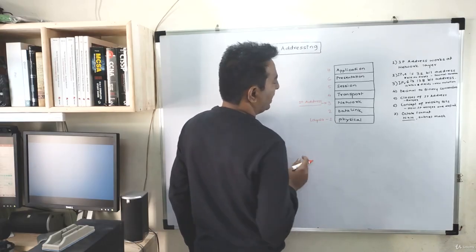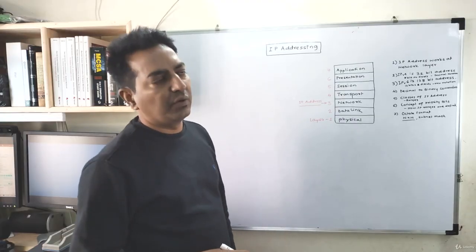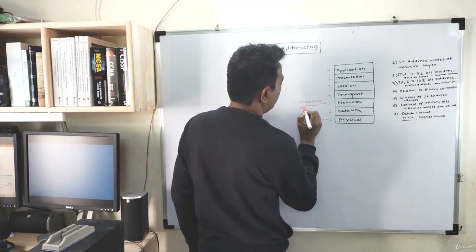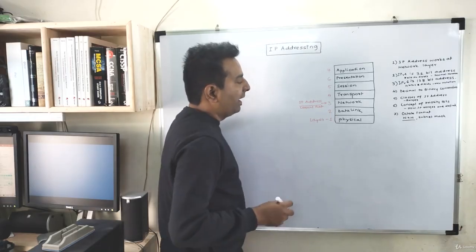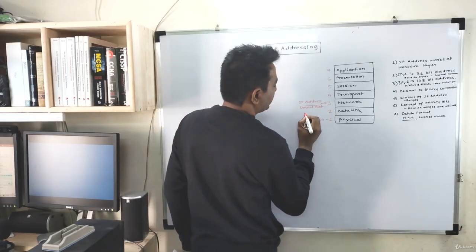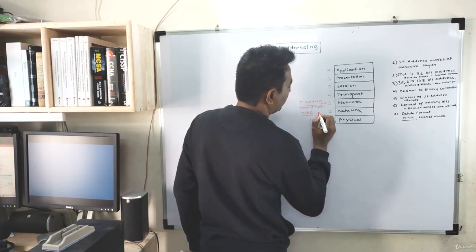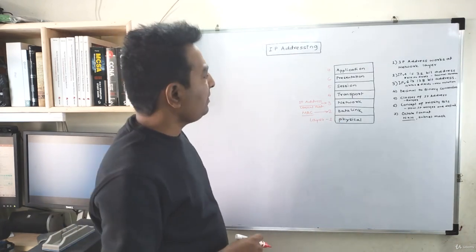So it's a layer 3 address, or you can also call it a network layer address. Logical addressing works at the network layer. And we have already discussed the MAC address. The MAC address works at the data link layer.